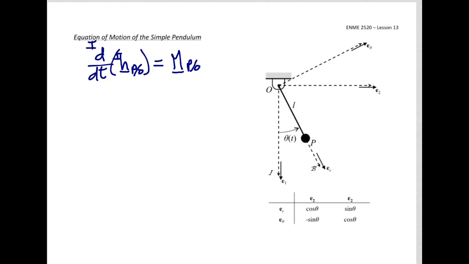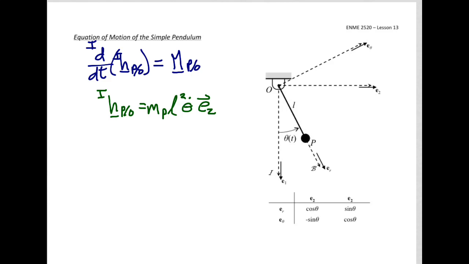This is the same setup that we had for the earlier example, so we already know that the angular momentum of point P relative to point O, as observed in the inertial reference frame, is equal to the mass of point P times L squared theta dot, in the EZ direction.